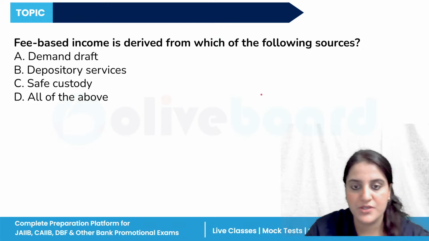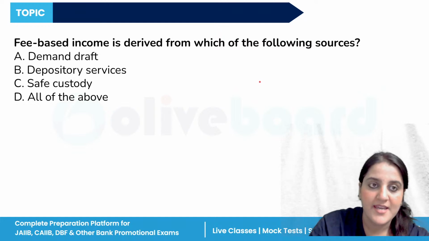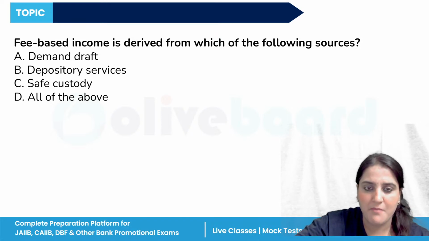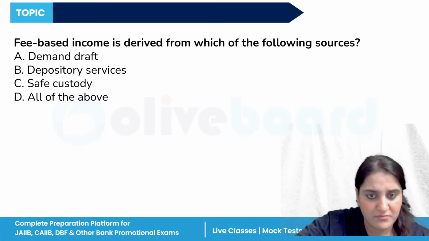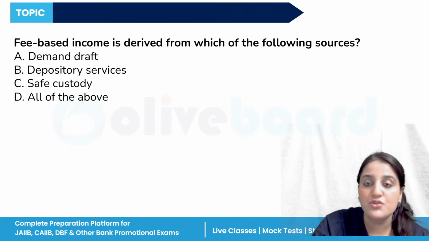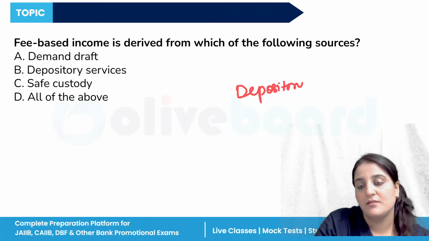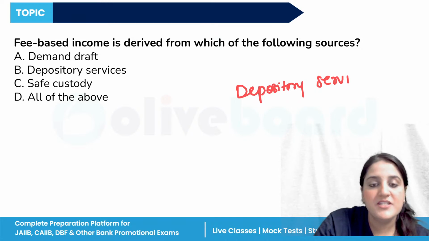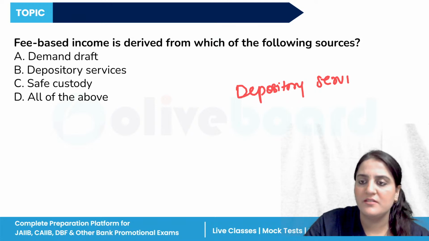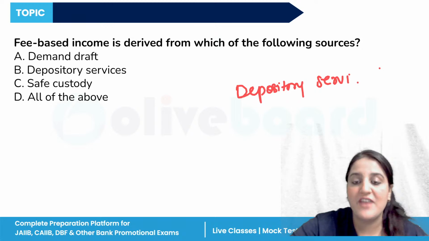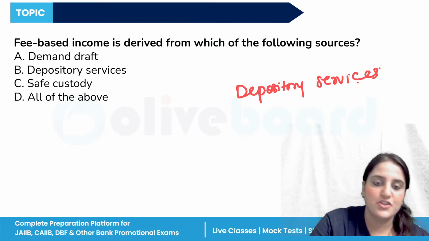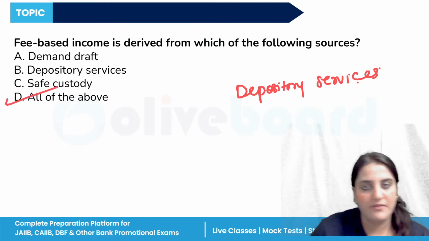Basically, one of the major sources of bank income is derived from fee based activities and some traditional activities such as demand draft, remittances, safe custody, guarantees, letter of credit continue to be the prevalent, and some new sources like depository services, also internet banking and e-commerce have appeared on the scene, and banks have also ventured into cross selling of other financial products such as insurance policies, mutual funds, etc. So all of the above is the correct answer.